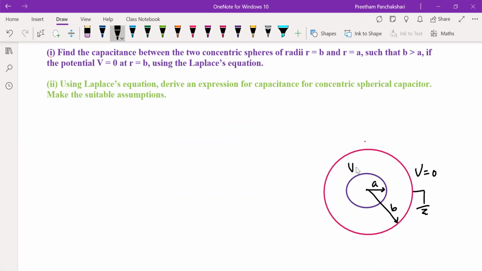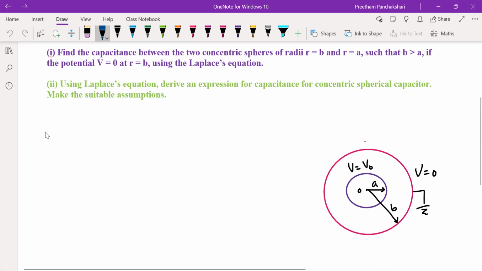Then we shall assume the potential on the inner sphere as V naught. With these two boundary conditions, that is V equal to V naught when r equal to a and V equal to 0 when r equal to b, we can find the potential distribution between the two spheres using Laplace equation.